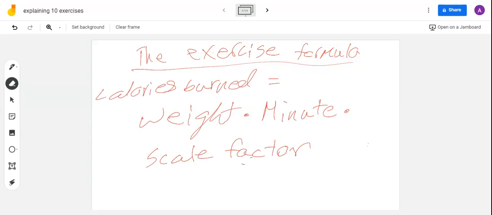All right, so that is the formula. Calories burned equals weight times minute times scale factor, right?